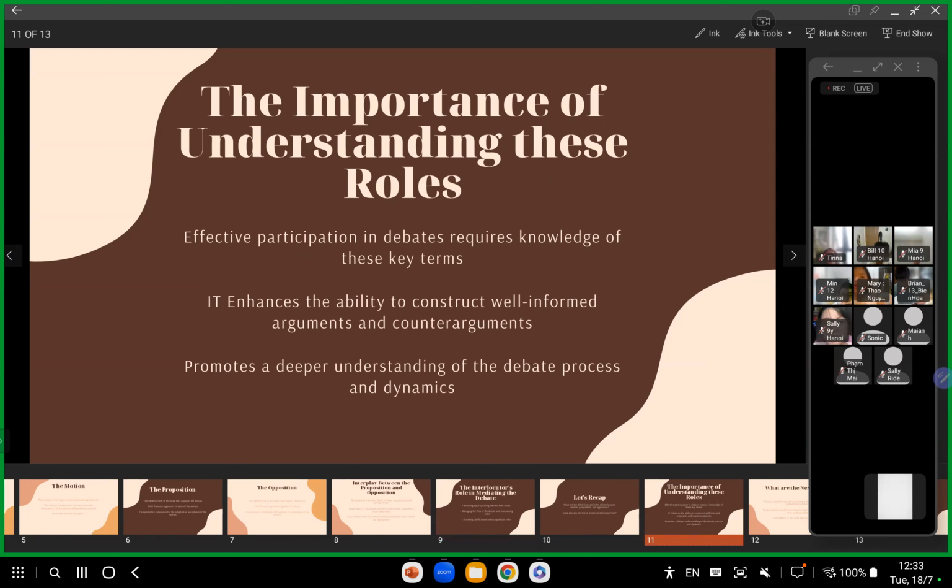So the importance of understanding these roles that we talked about a few minutes ago was that if you understand these roles, then you're able to participate in the debate a lot more, because you won't be scared if you don't know the rules. You can just ask the interlocutor. If you don't understand something, again, you can ask the interlocutor.